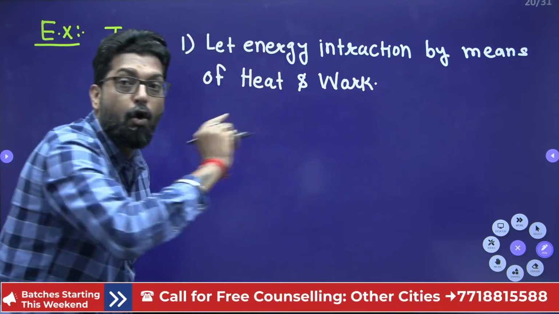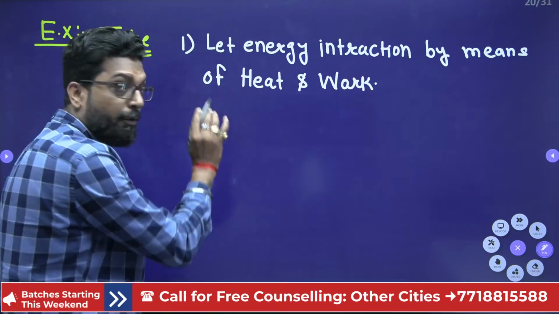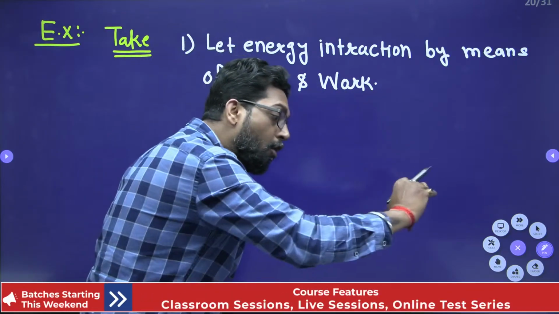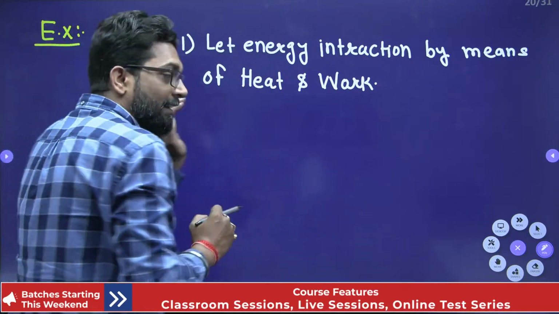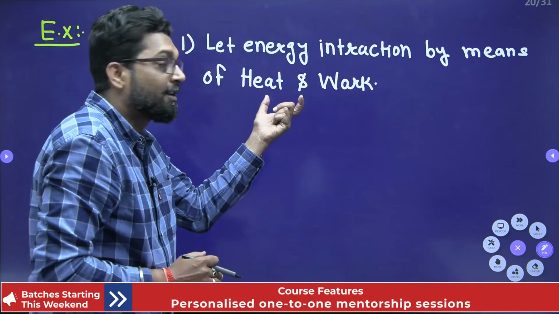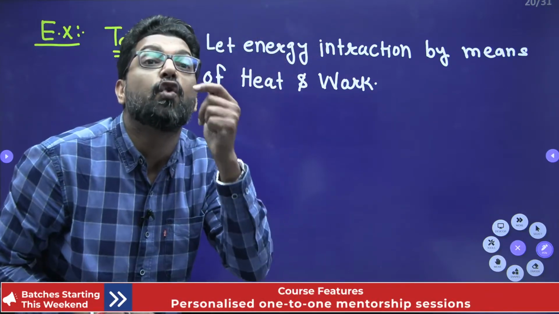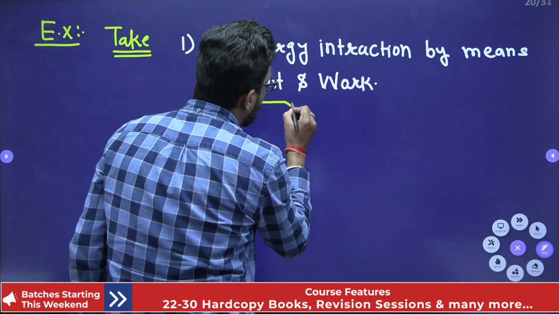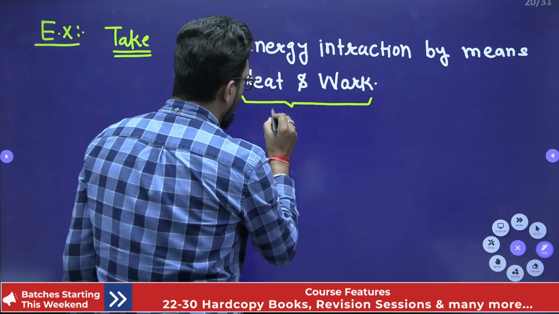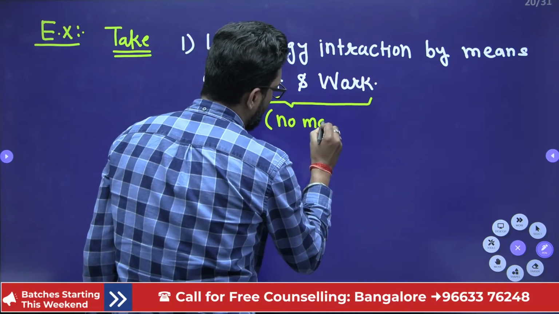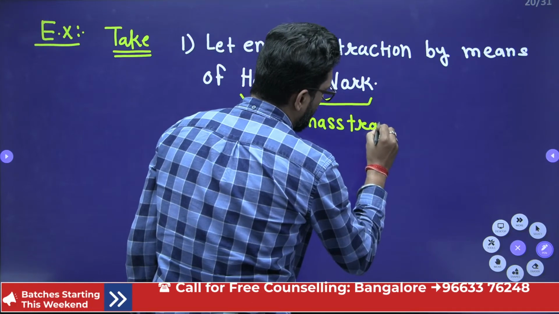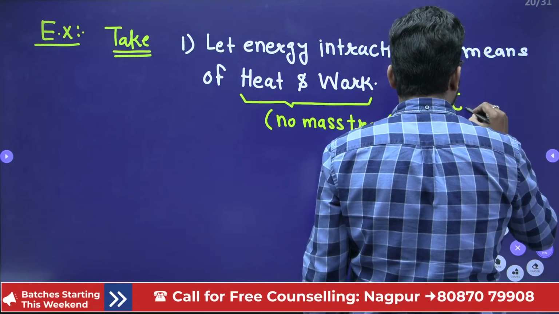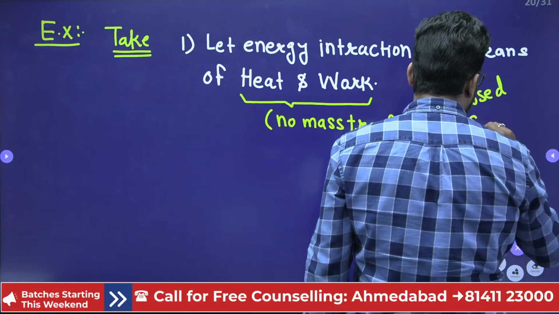That means no mass transfer. We will only take the energy interaction through heat and work. If there is no mass transfer, we are blocking the mass transfer. That means we are taking the energy balance of a closed system, with only energy interaction, either heat or work or both. So precisely, the system we define now is a closed system.